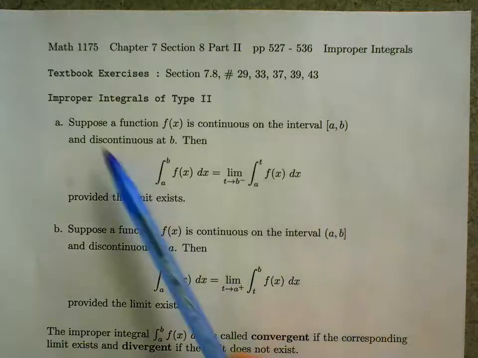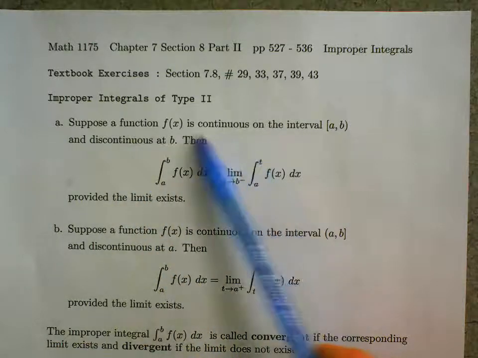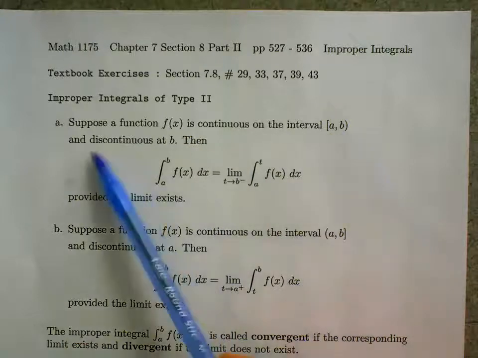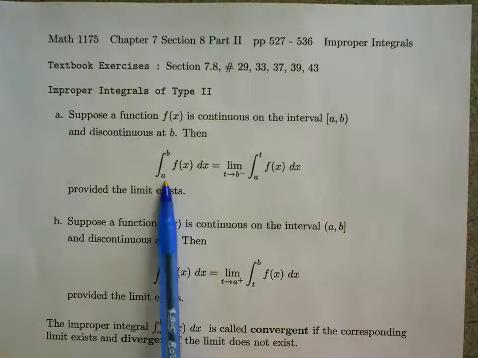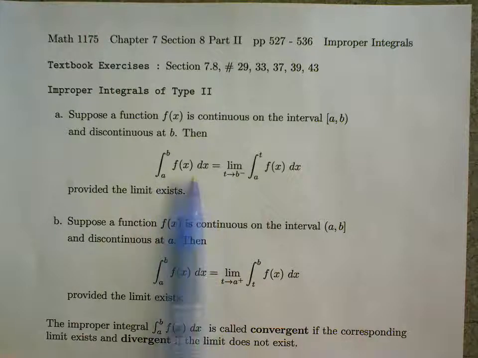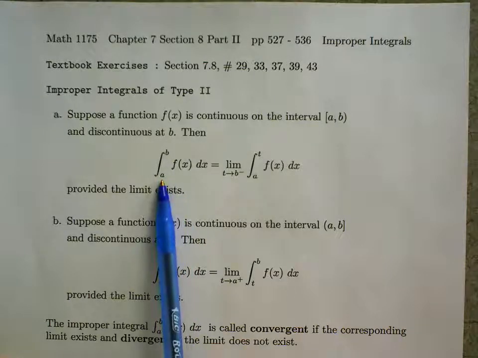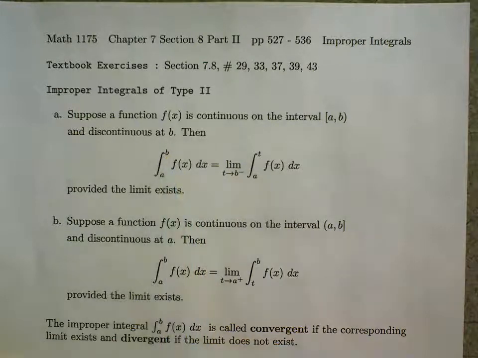Okay, so f of x is continuous on a half open and half closed interval and discontinuous at b, then this integral, even though it looks like it's a definite integral, it's an improper integral because f of x has a discontinuity at the upper limit.